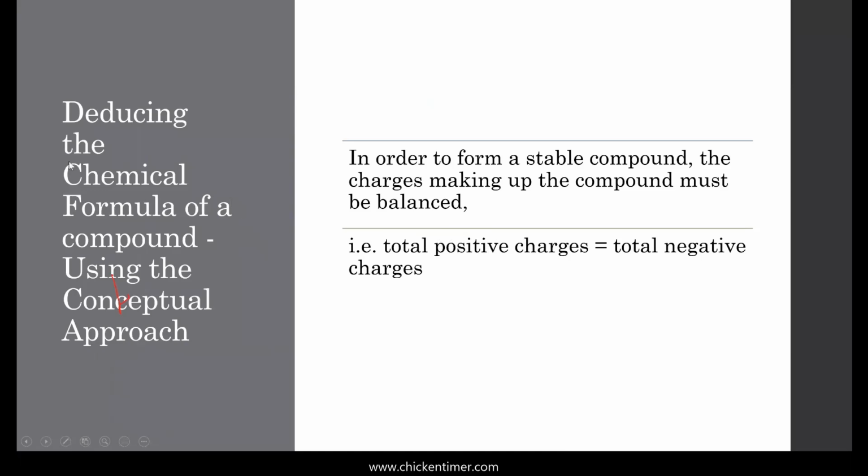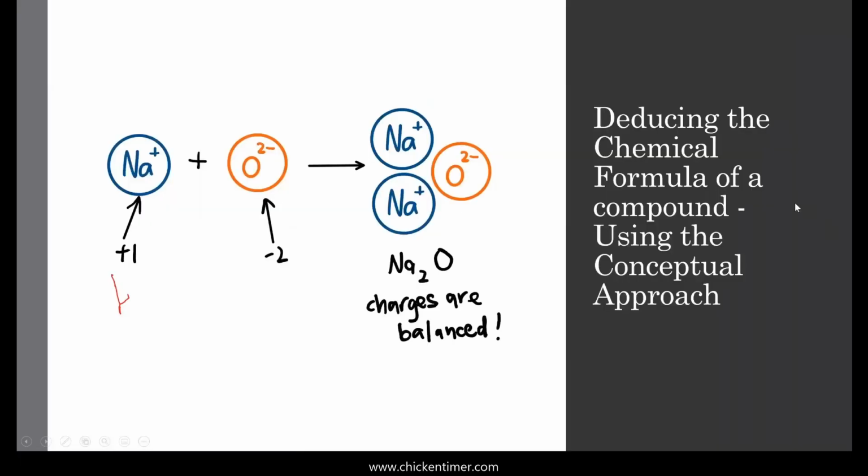Or if you don't want to use the crisscross method, then you can use a more diagrammatic approach. When bonding happens, we know that the positive charges and negative charges will balance each other out. So what happens if you have a compound formed between oxide ion and a sodium ion? The charges must balance.